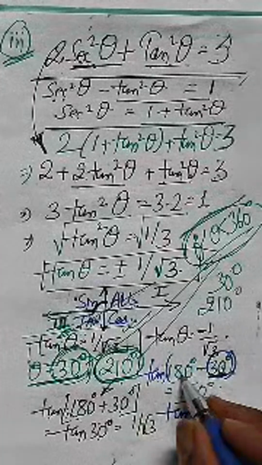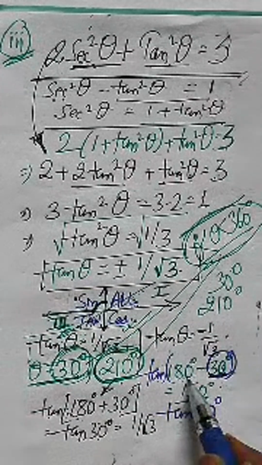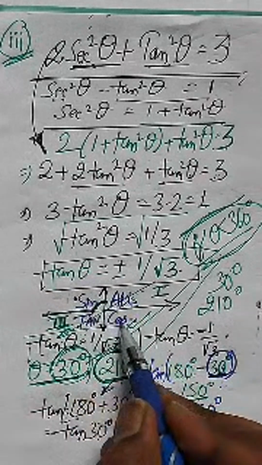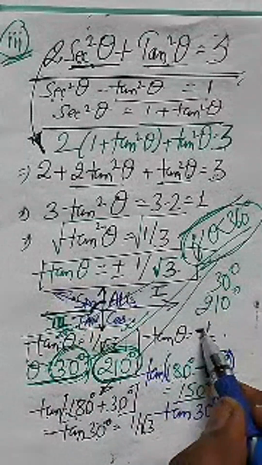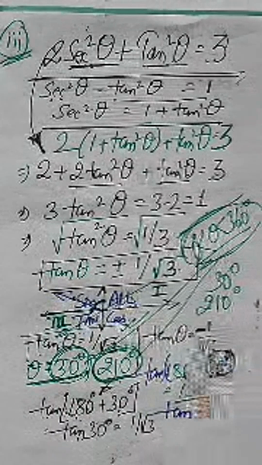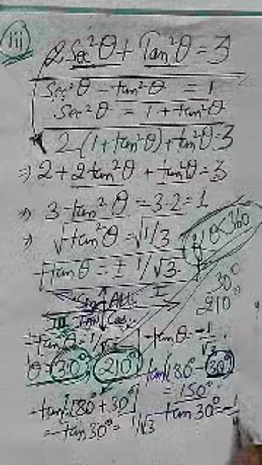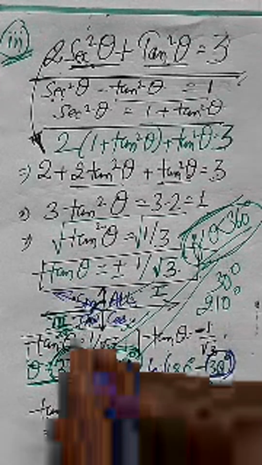So tan of 180 minus 30 degree, and since 180 minus 30 lies in the second quadrant, you can see all sine tan cos, here tan is negative, so that's why the negative value corresponds to theta lying in the second quadrant. So minus 1 by root 3 happens at theta equal to 150 degree in the second quadrant.